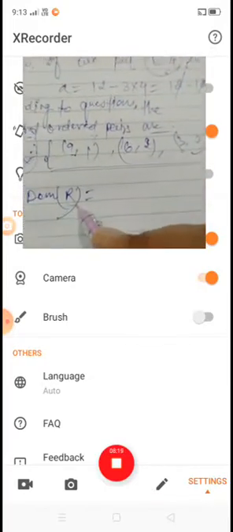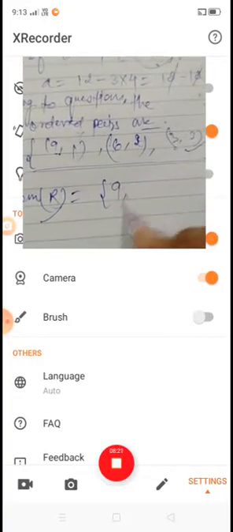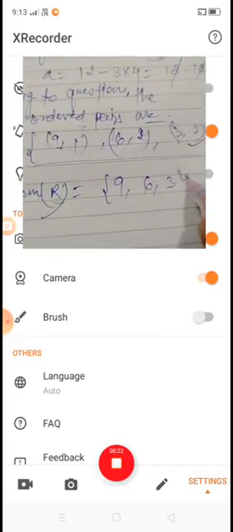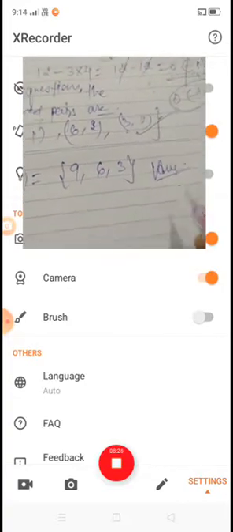So the domain of this relation is {9, 6, 3}. This is one answer.